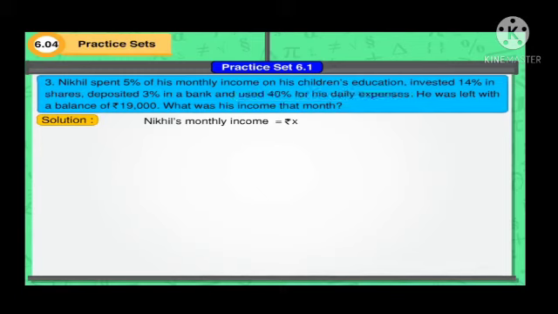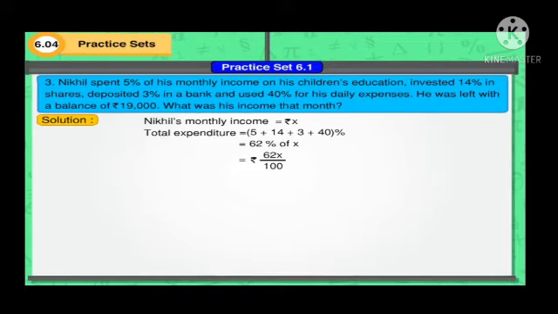Therefore, his total expenditure is equal to 5 plus 14 plus 3 plus 40%, which is equal to 62% of monthly income. 62% of x is 62x upon 100. So rupees 62x upon 100.